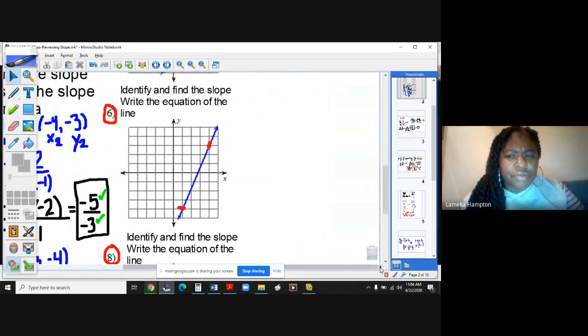Okay. So this was the assignment of what we did yesterday. Remember, we are identifying slope, what kind of slope it is, the actual number, and we are going to write the equation of the line. First, I want to go over what kind of slope this is for number 6. Based on the picture, what kind of slope do we have?